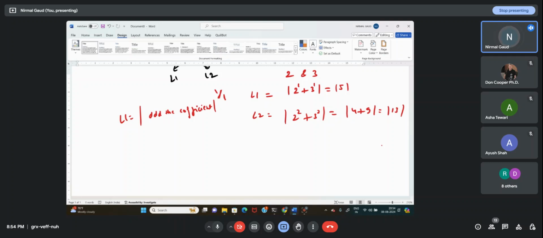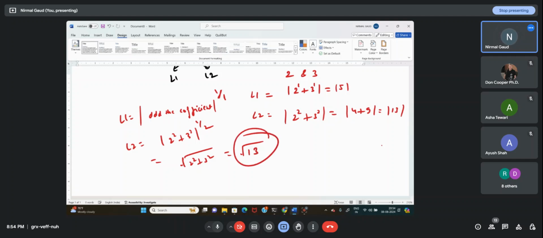L1 means just adding the coefficients. However, L2 considers the square: 2 square, 3 square, and the power will be 1 by 2, that is, under root of 2 square plus 3 square, which is under root of 13. This is L2.